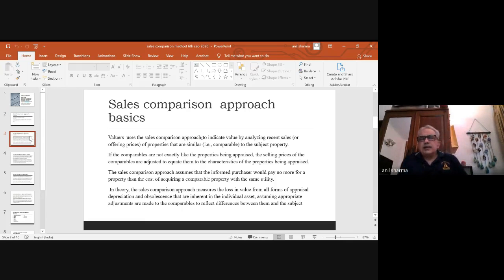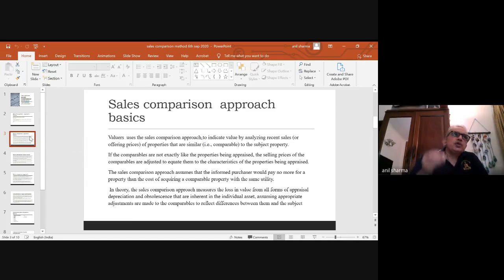Basically, what is being done here is you're taking the comparison of sales of similar or identical assets, and seeing how you're going to compare it with the subject asset's value.